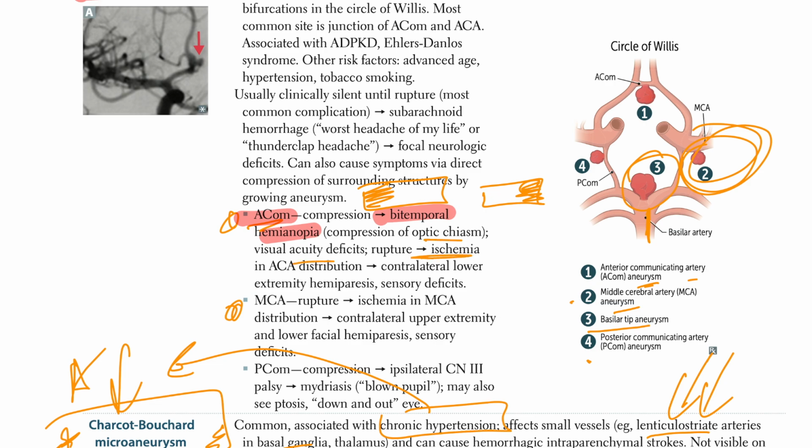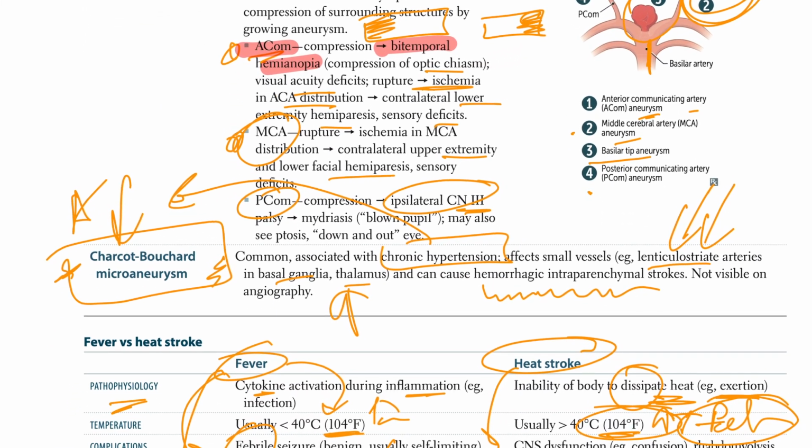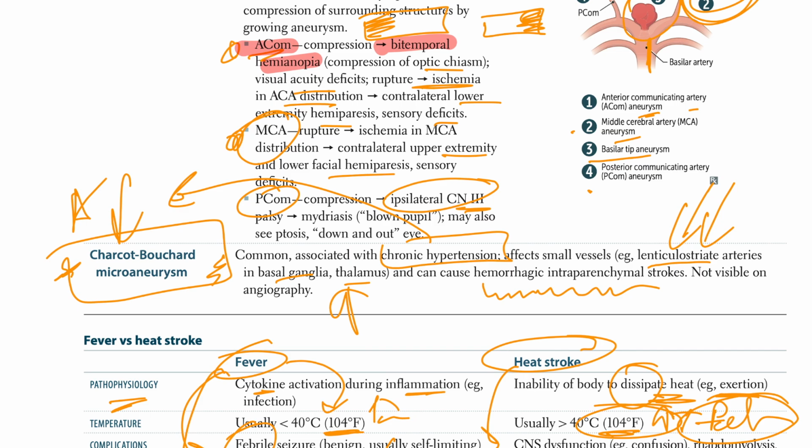Rupture causes ischemia in the ACA distribution, which causes lower extremity hemiparesis and sensory deficit. With MCA, you're going to cause upper extremity and facial problems. With PCA, not PCA, but PCOM, you will cause ipsilateral CN3 palsy. Ipsilateral CN3 palsy. And then you have this Charcot-Bouchard microaneurysm, again due to hypertension, causing this deep structure problem through the lenticulostriate arteries.